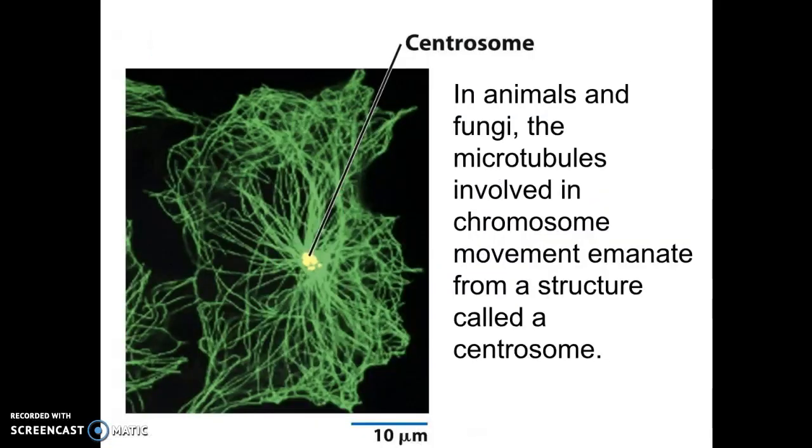And microtubules are important for several things. The microtubules seem to, in animals, originate at the centrosome, and so animals and fungi have a centrosome that microtubules are growing out of.